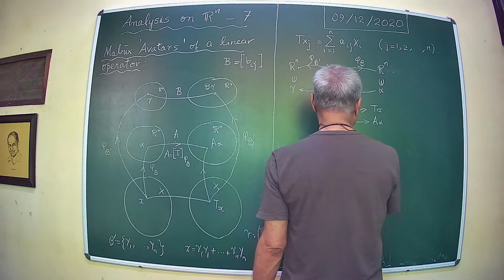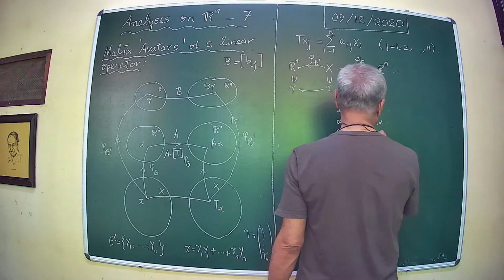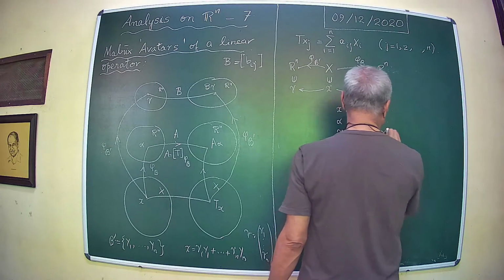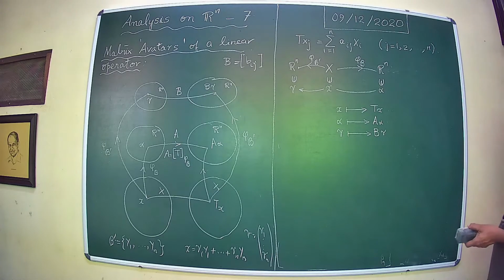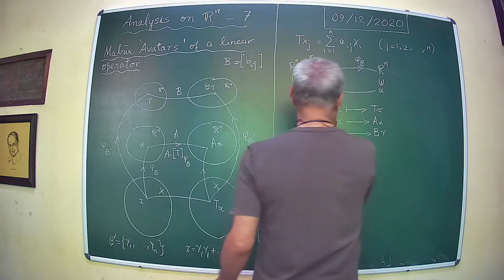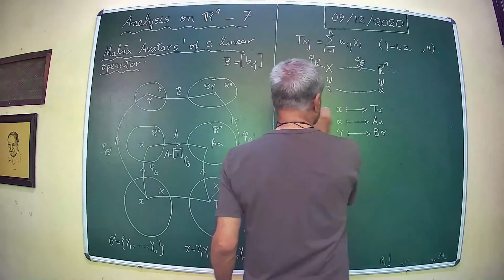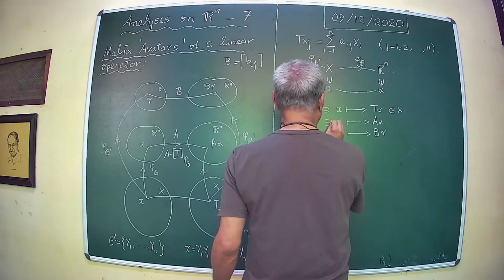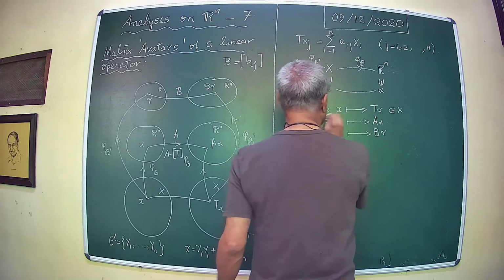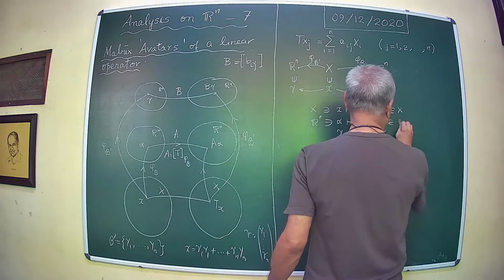Gamma is mapped to B gamma. Okay, so x belonging to X. This is in Rn. This belongs to Rn.